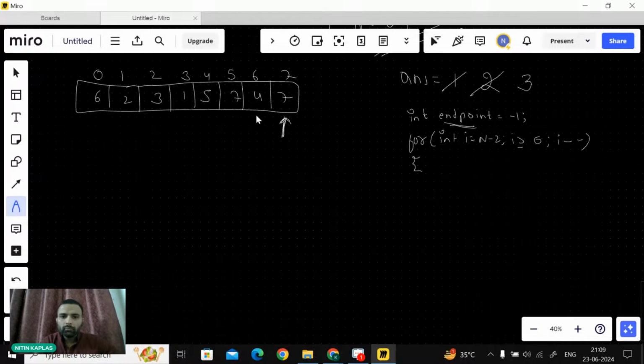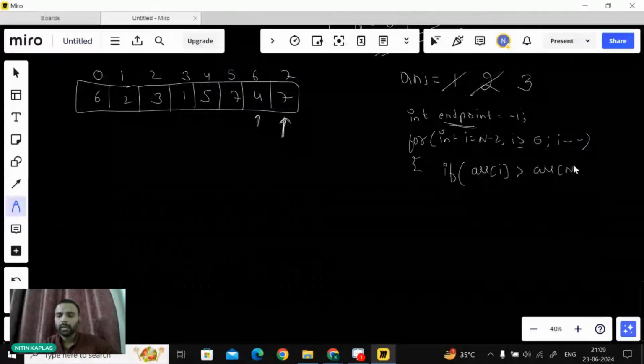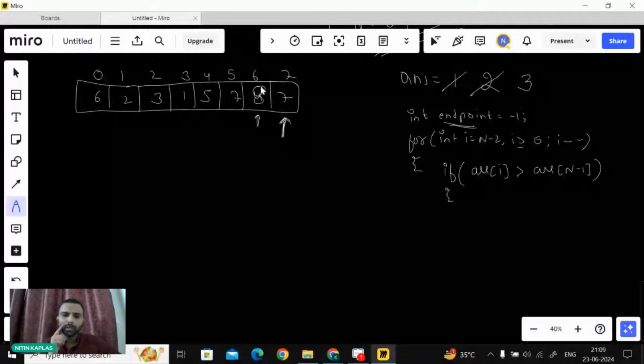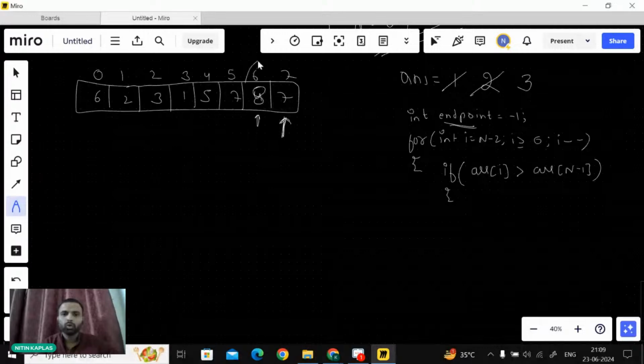Now I'm searching from this case and asking: if array of i is greater than array of n minus 1, where n minus 1 is fixed. Is this greater? No, it's not. For example, if here we had 8, just assume for a couple of seconds, then that is your good subarray, right?